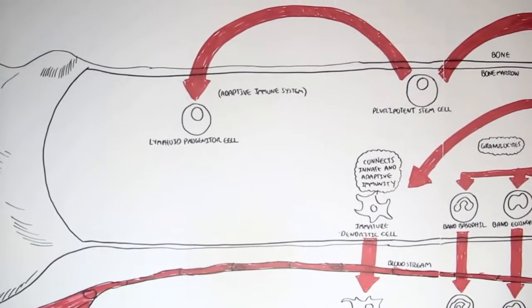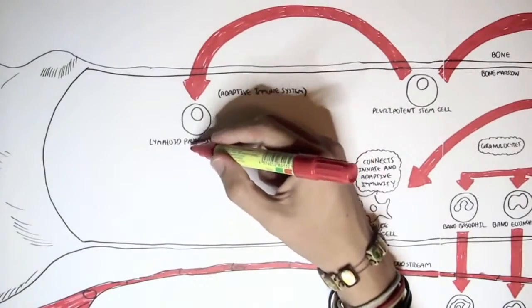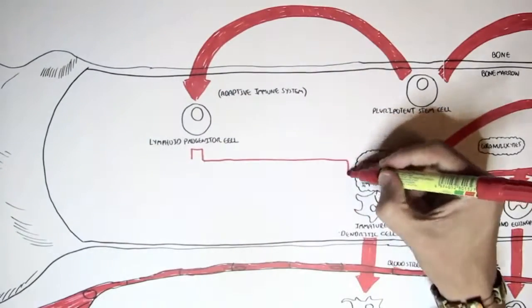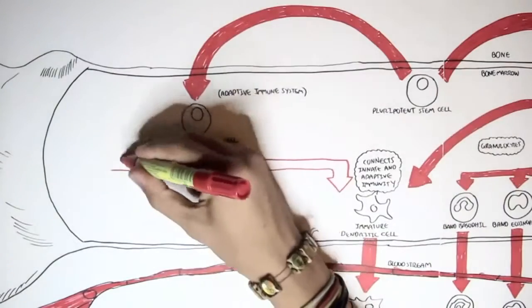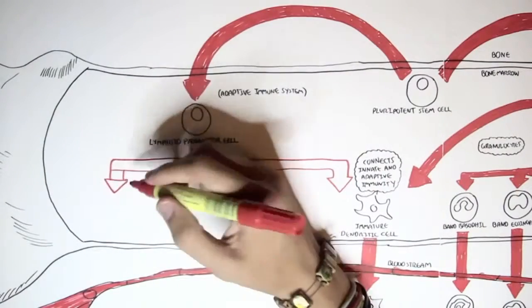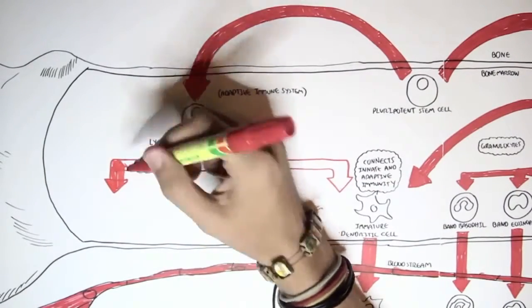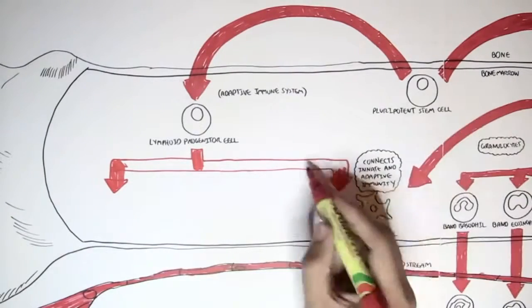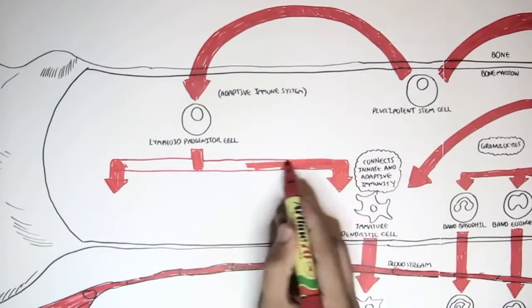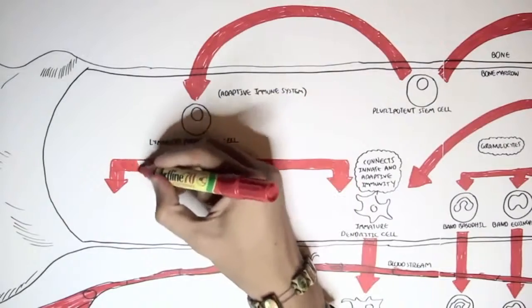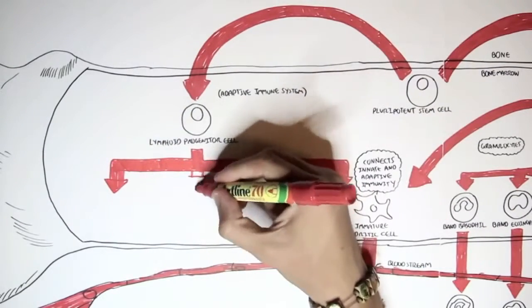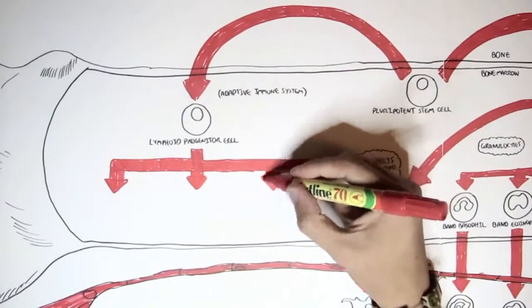Now let's look at the lymphoid progenitor cells, which also came from the pluripotent stem cell. The lymphoid progenitor cell, as I mentioned earlier, typically gives rise to the adaptive immune cells. This is true in a way. First of all, the lymphoid progenitor cell will give rise to 2 cells which are not really part of the adaptive immune system.